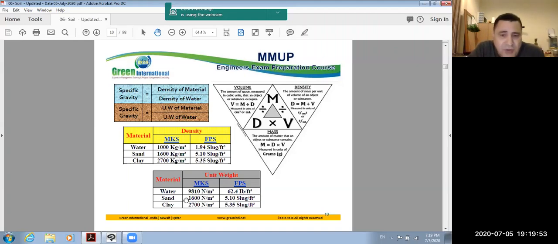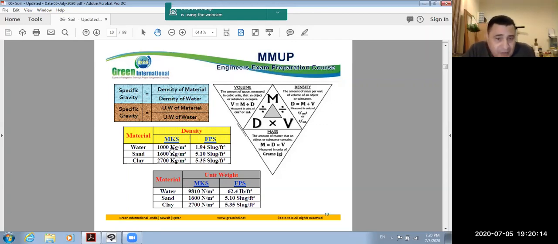This is very important and common. So we have to memorize the density both in MKS and FPS, and you have to memorize the unit weight in the MKS units and the foot-pound-second units. You have to memorize both.